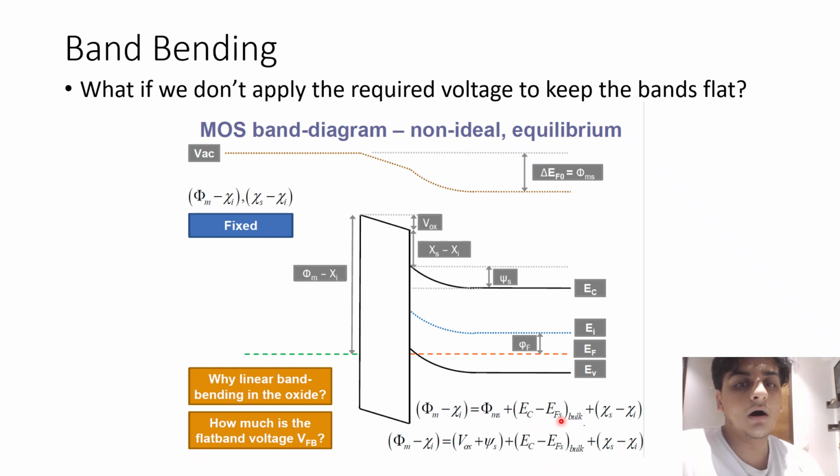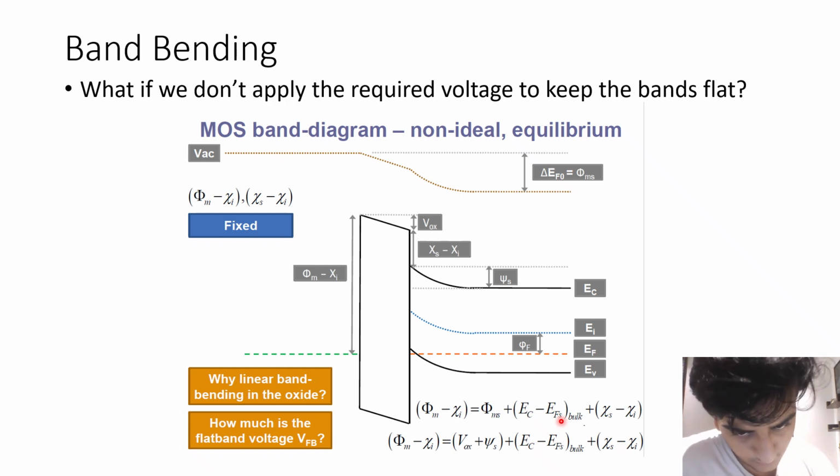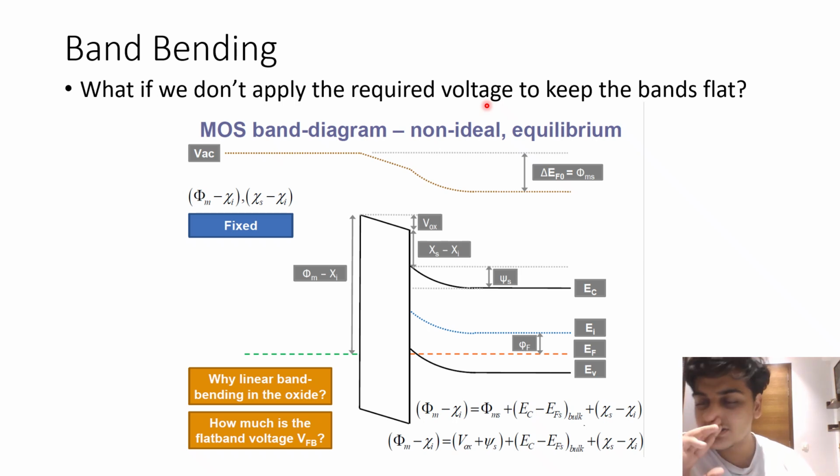Now, I want to start explaining this band diagram. But the first thing I want you to notice is that now that we are not applying any external voltage, there is not going to be any external electric field.